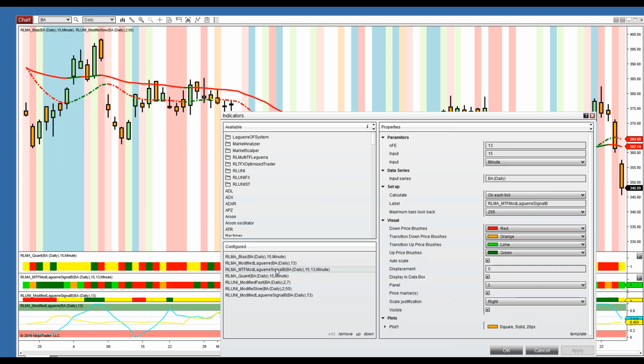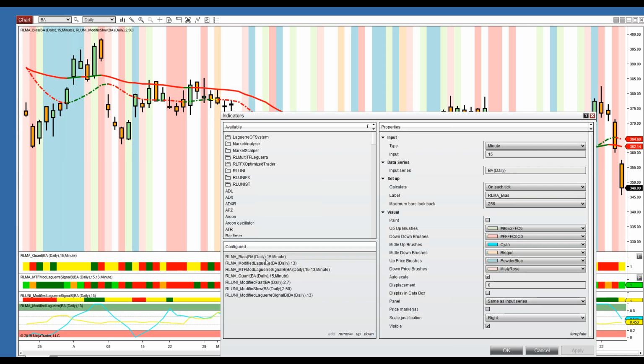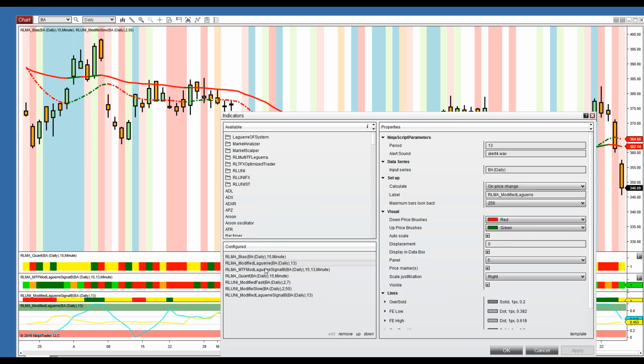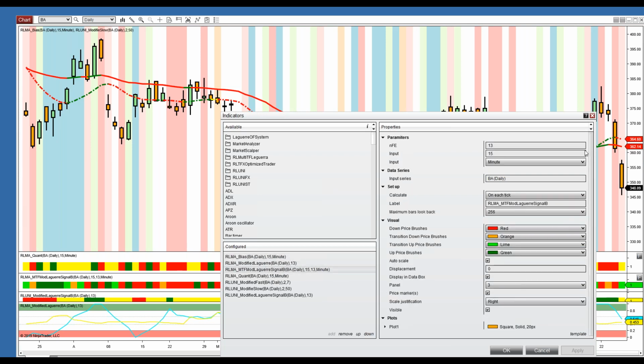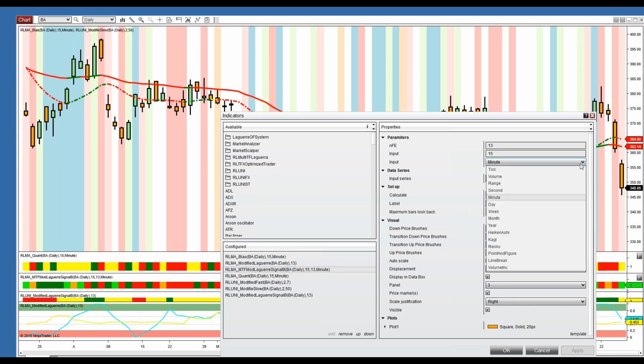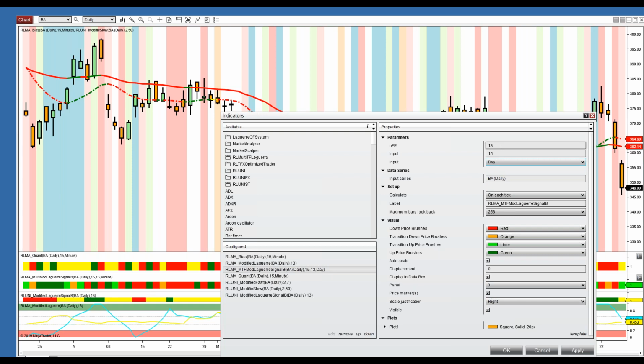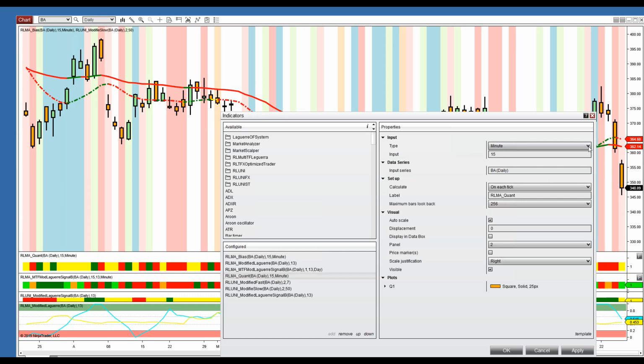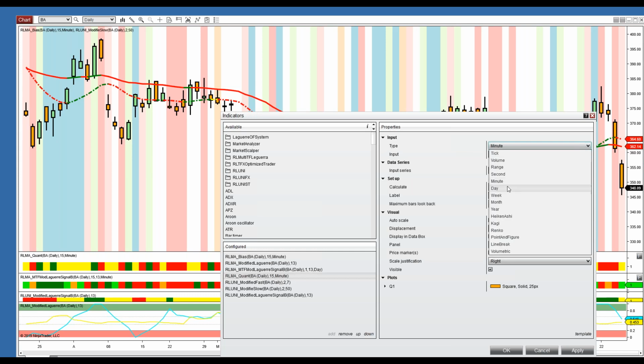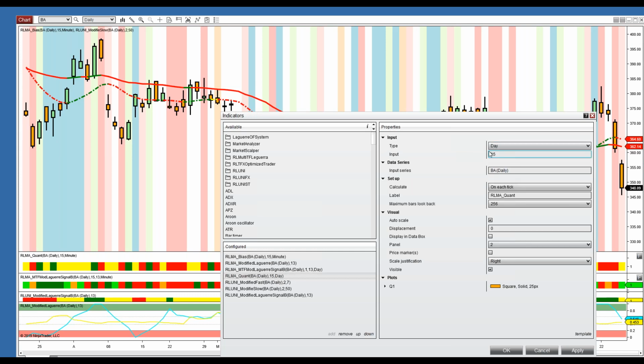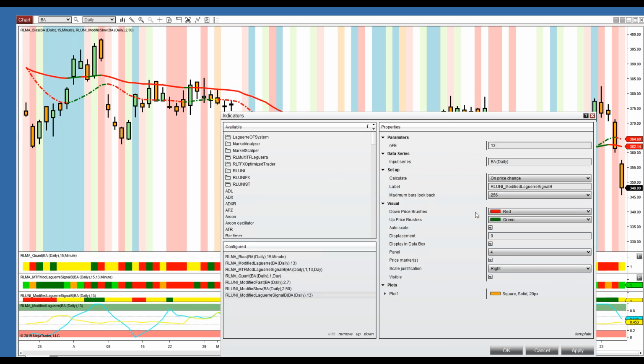Now, the only reason I have to do this is because I'm showing the indicators. You're not going to have to show the indicators, but I have to, if I want to project the MTF. I have to show 1 day, and the modified Laguerre is good to go.